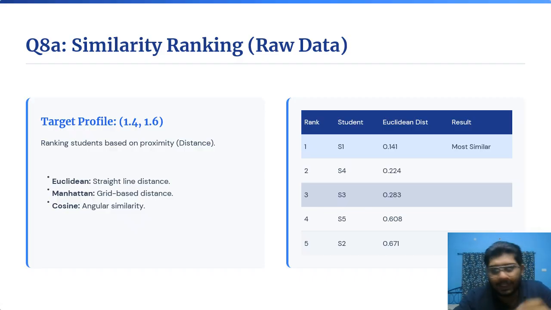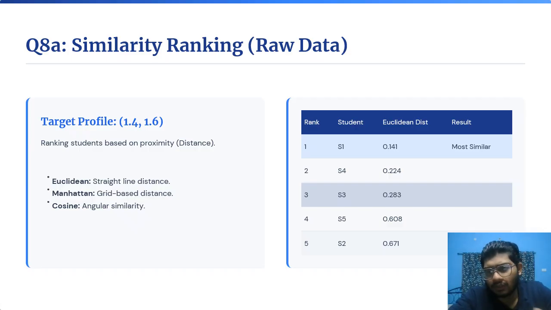Now, question 8. Similarity rankings, raw data. Target profile 1.4, 1.6, ranking students based on proximity, like distance: Euclidean, straight line distance; Manhattan, grid based distance; cosine, angular similarity.